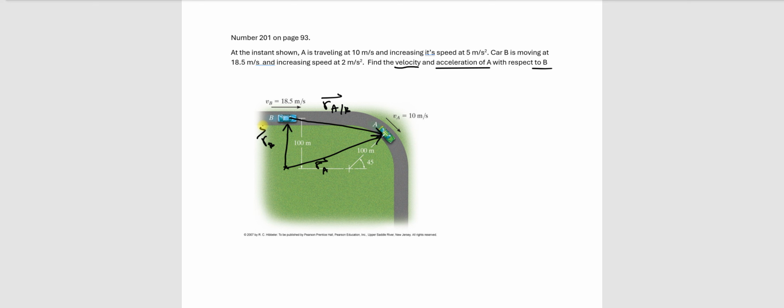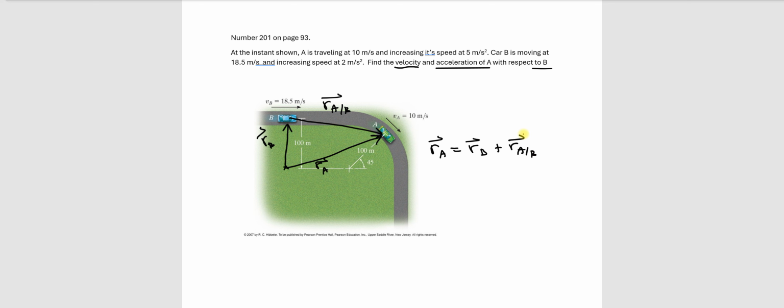Of the three vectors I have drawn, this one is the resultant vector because the other two are tip to tail. So position vector A is equal to position vector B plus position A with respect to B.